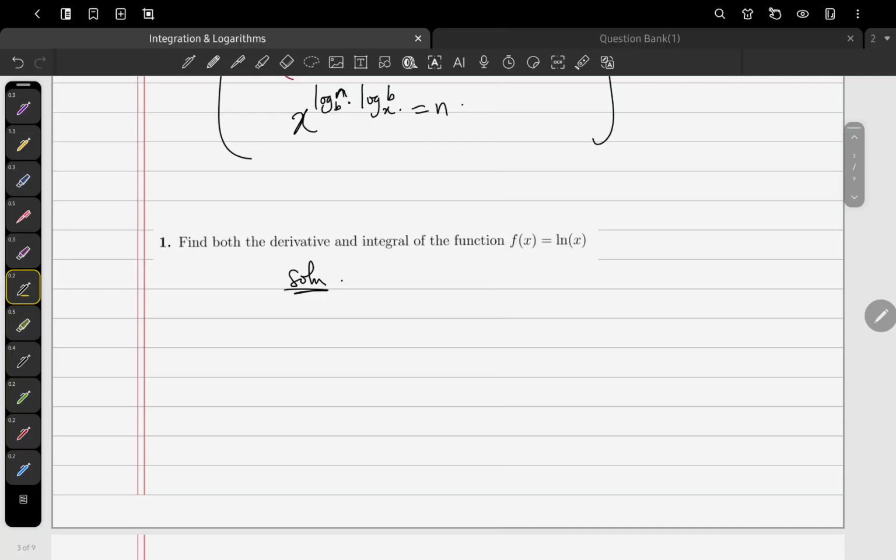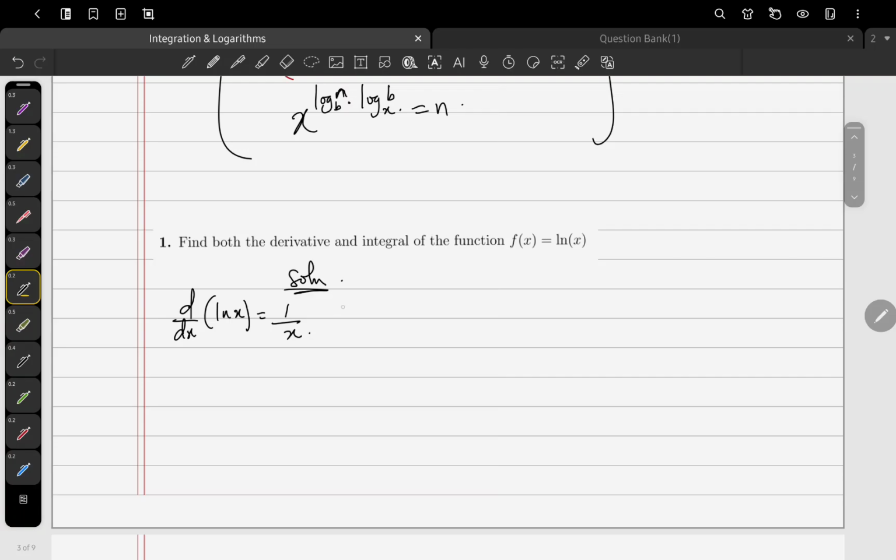It's a standard derivative that the derivative with respect to x of natural log of x is just equal to 1 over x. We could prove that using the limit definition of natural logarithm, but that is not what this video is about. This video is mainly about integration.